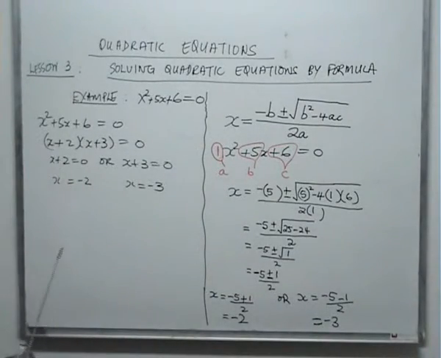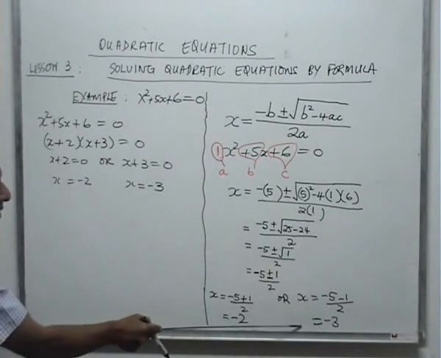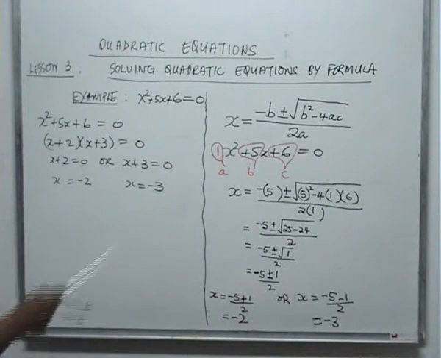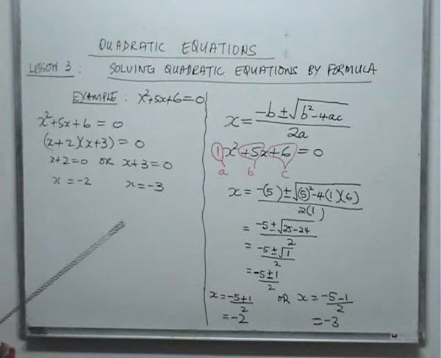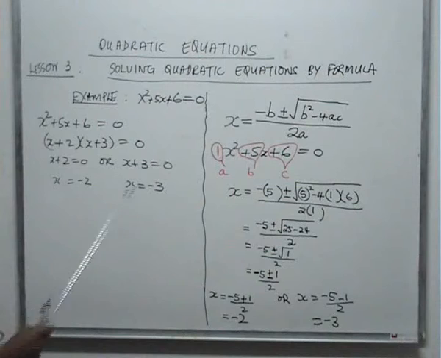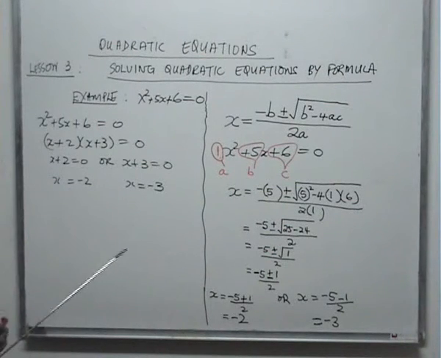So you can see that when you did it by factorization, you got minus 2, minus 3. When you're doing it by the formula, you're also getting minus 2, minus 3. So that is the formula, and that is how it works. And obviously, you will use the formula when you can't factorize. If I can factorize, I won't use the formula, I'll just go for factorization.